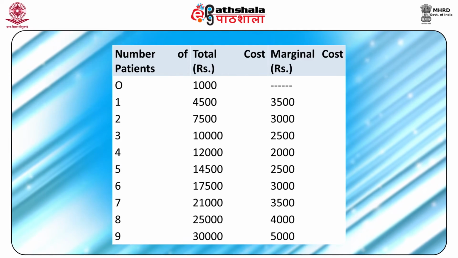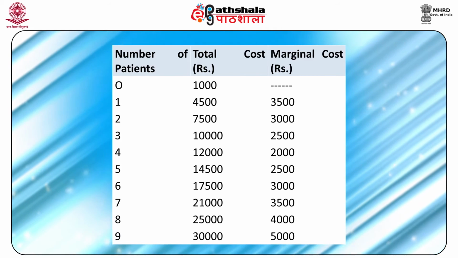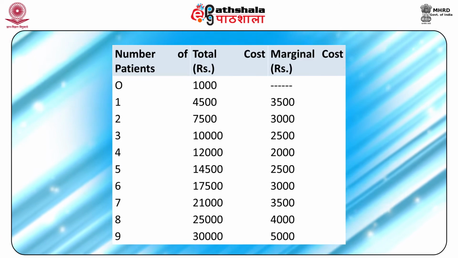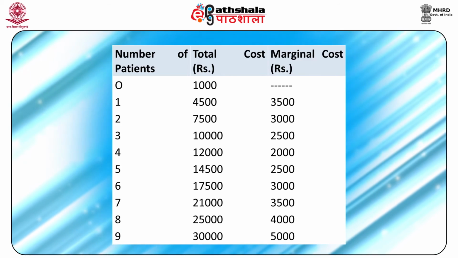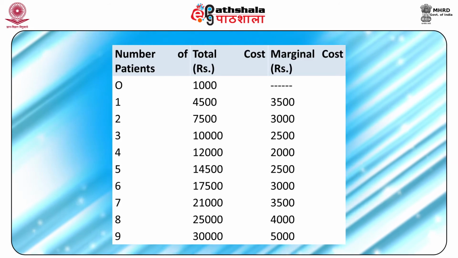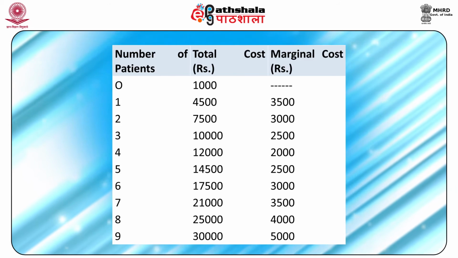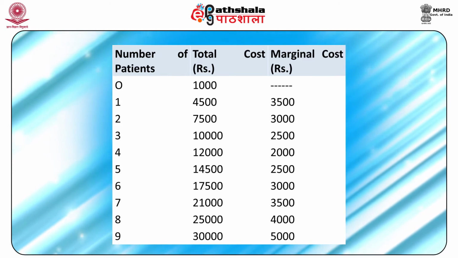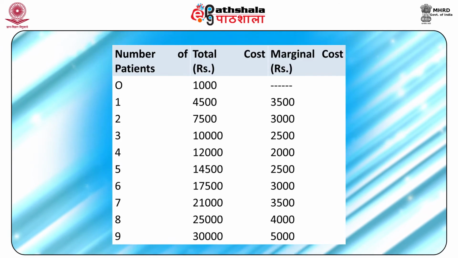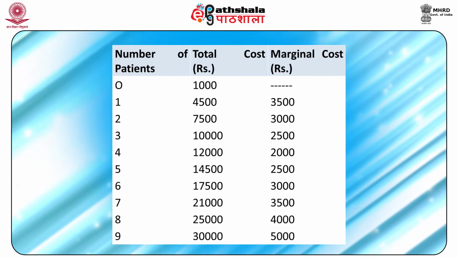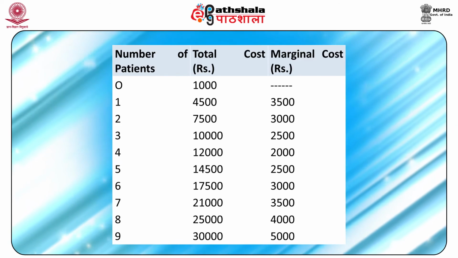This cost schedule table shows the total cost and the marginal cost for each number of patients. As given in the table, when the number of patients is 0, the total cost is 1000, and if we take the number of patients as 4, the table shows that the total cost is 12,000 and the corresponding marginal cost is rupees 2,000.